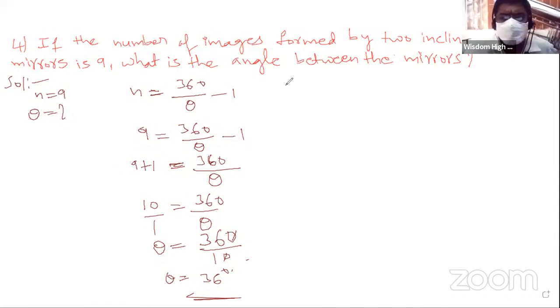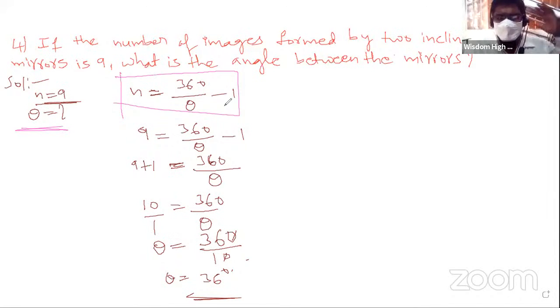How many images are formed by the inclined mirrors given here? The number of images n equal to 9 is given. We have to calculate theta. The standard formula is n equal to 360 by theta minus 1.